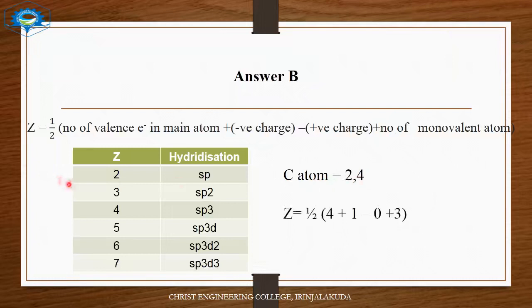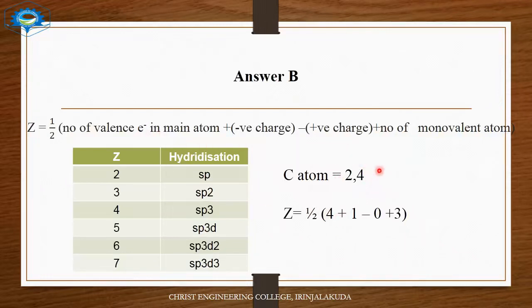So the number of valence electrons in the carbon atom is 4. In the equation Z is equal to 1 by 2 into the number of valence electrons in the main atom, carbon, write its electronic configuration and find the valence electrons in the last shell, which is 4.